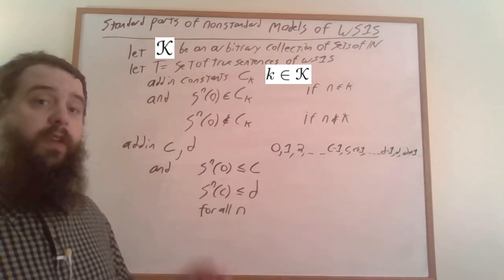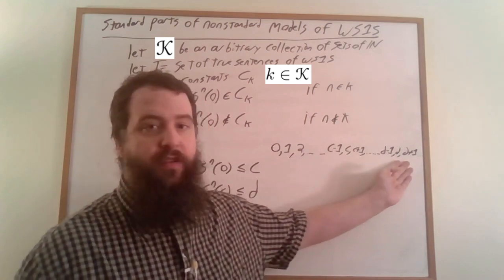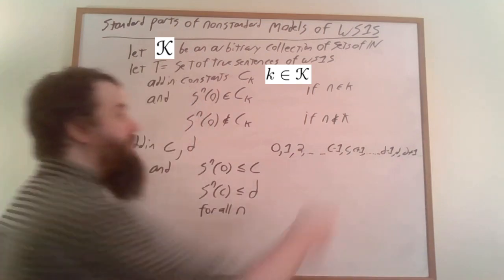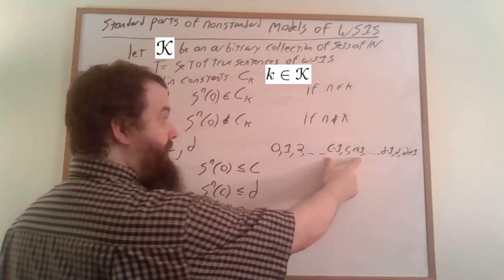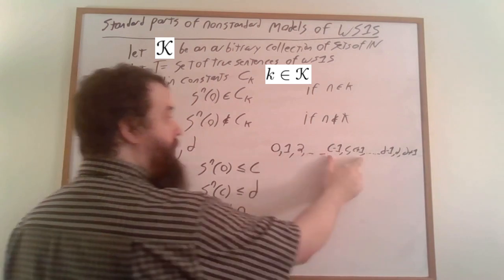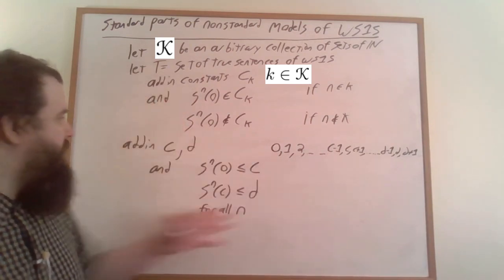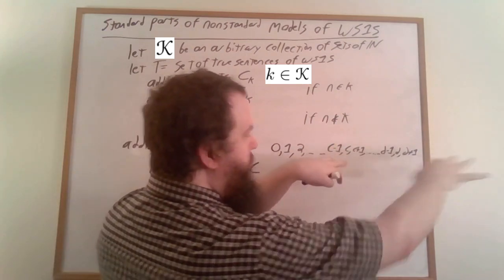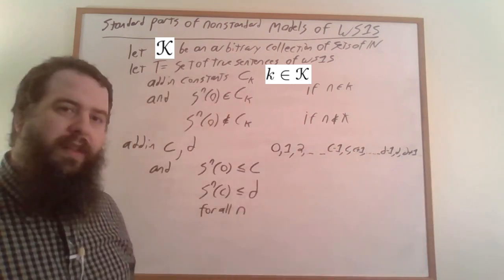In other words, it's going to have at least two different non-standard parts. Or in other words, it can't have just one non-standard Z part. That is to say, it can't be an omega plus Z model. And we can do all sorts of constructions like this to really force this non-standard part to become very large and unwieldy, which is really unfortunate.